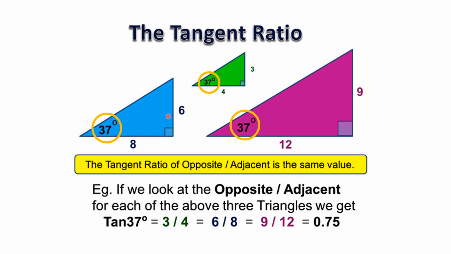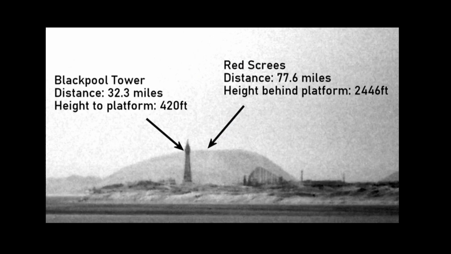And that is because the opposite side compared to the adjacent side is the same ratio. So if you look down here at the bottom, 3 divided by 4, 6 divided by 8, and 9 divided by 12, they all equal 0.75.